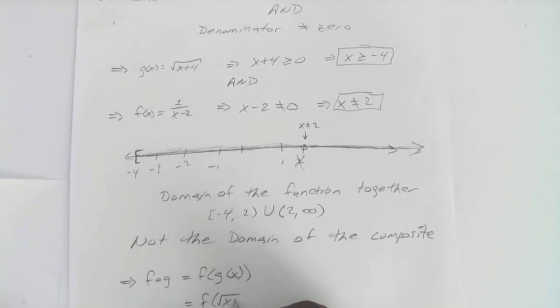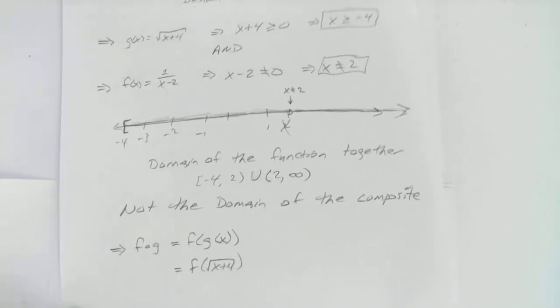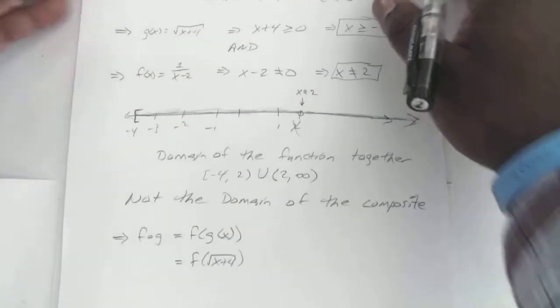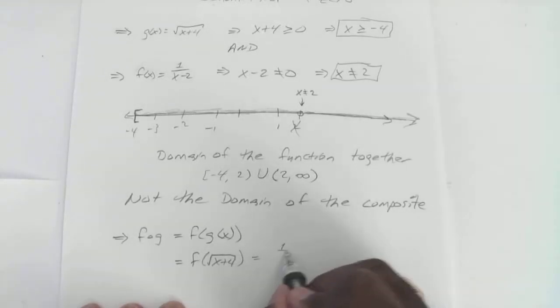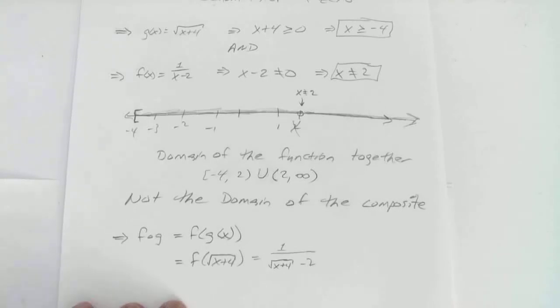So that's f of square root of x plus 4. Oops, sorry about that. Let me bring that up some. Okay, now f of square root of x plus 4, that's 1 over square root of x plus 4 minus 2.